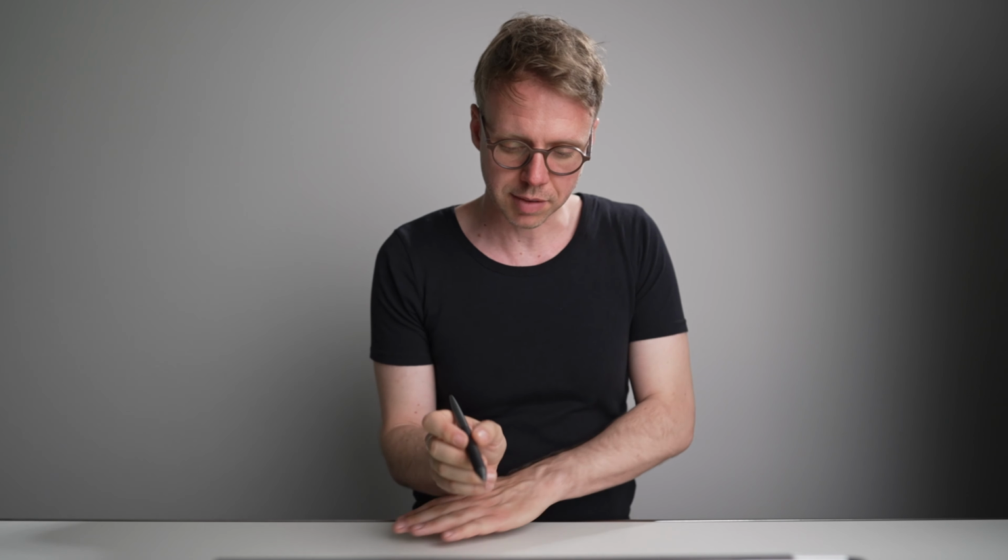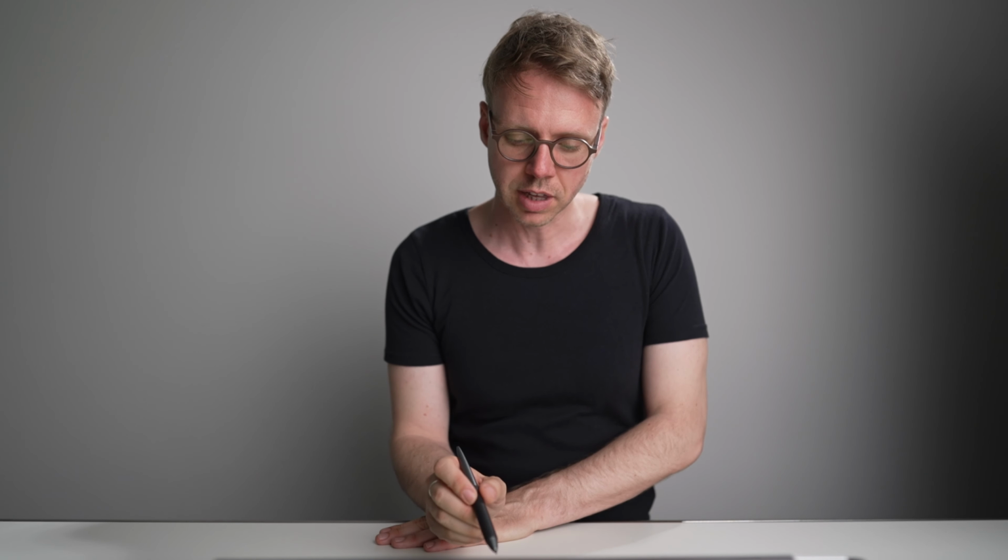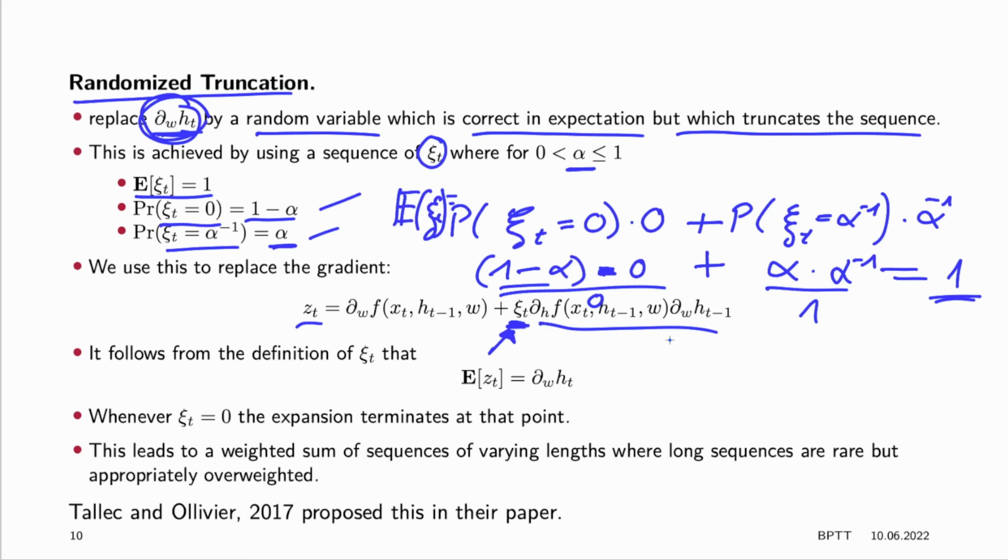So what this means is that with a probability of 1 minus alpha, we are truncating the gradient computation, because this whole term becomes 0. And with the probability of alpha, we go one step further in the gradient computation and then again flip a coin to get another one of these ξ_t's for the next step.